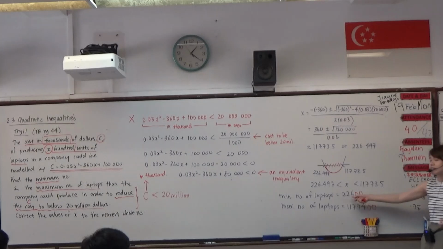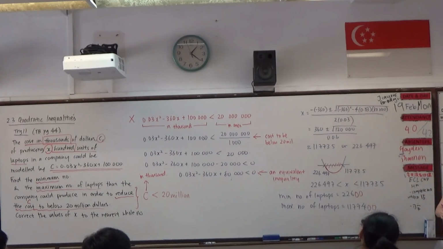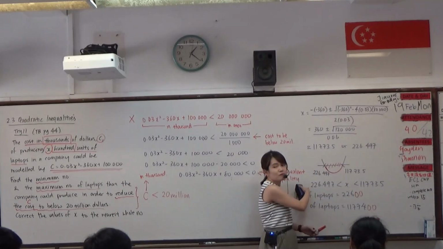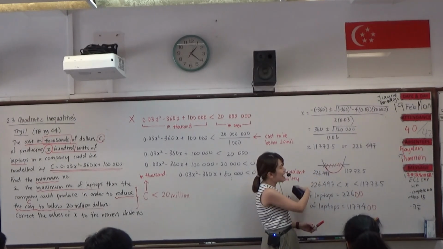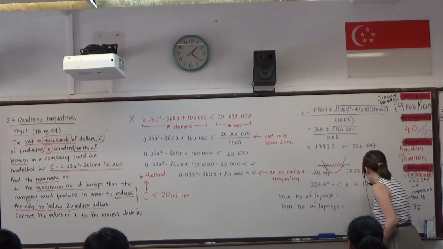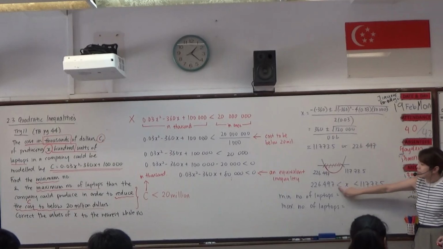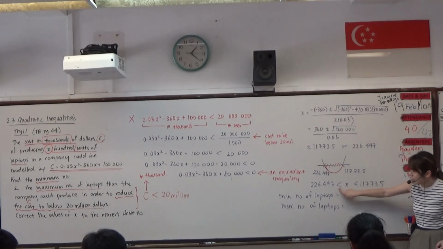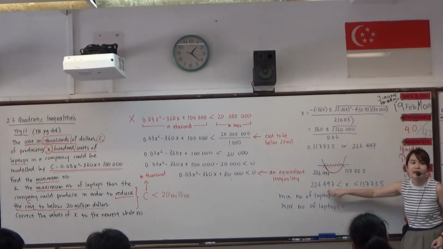How should I be even getting these numbers before I multiply by 100? We need not multiply by 100 over here first. We look at understanding this inequality. This inequality tells us that our number of laptops must be more than 226.497.